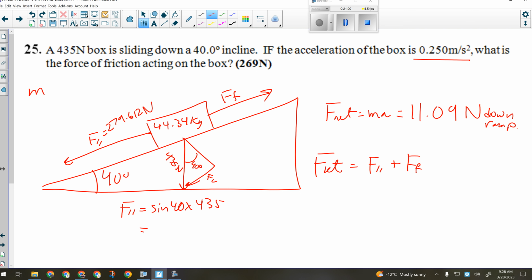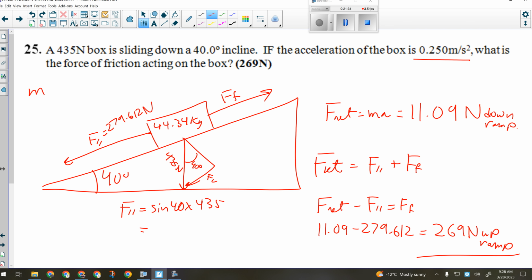So if I want to calculate the force of friction, that's going to be F net minus F parallel, and they're both in the same direction, so 11.09 minus 279.612, and that's going to give me my 269 newtons up the ramp. And I know it's up because I made down the ramp positive, and if I put that in my calculator, it's going to come out negative. Negative is up the ramp in this case. Questions there? All right.